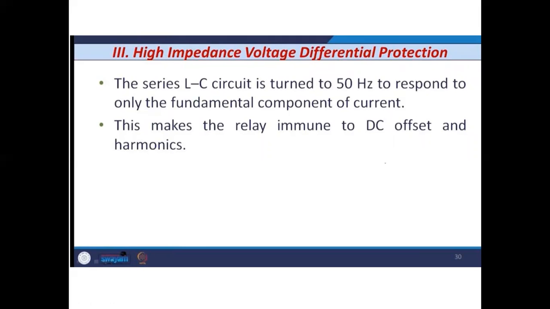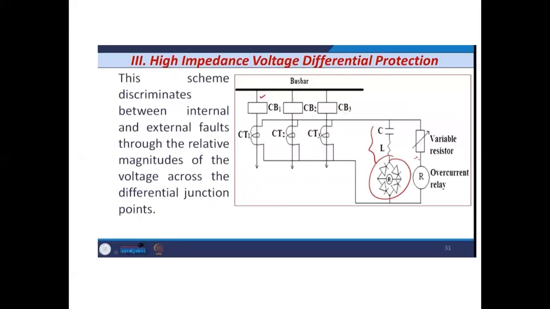So you can see it is similar to the case where you have three outgoing feeders from the bus bar. This is the bus bar, and these three are the outgoing feeders; we have already discussed this in the first bus bar protection scheme, but now this tuned circuit is added.